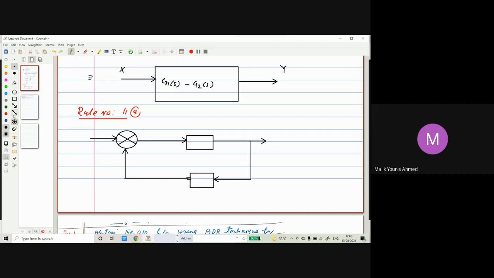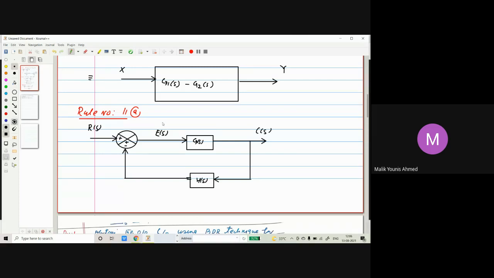Let's say this is plus, and this is plus minus. This is C of S, the output signal. This is transfer function G of S, and this is a feedback loop H of S, and this is an error signal.